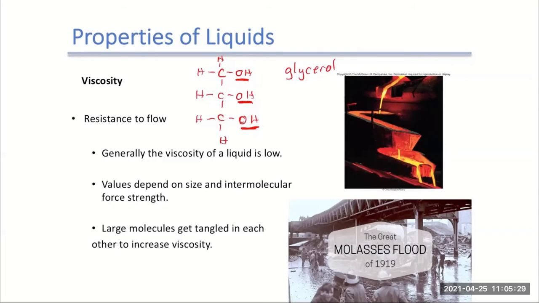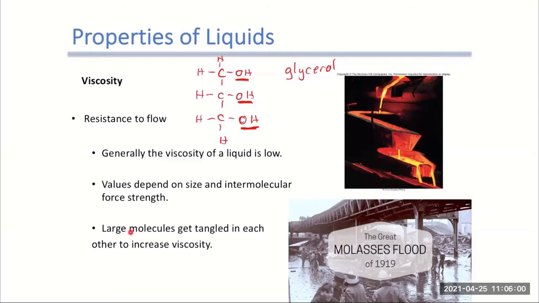Even something as large as molasses. So we all hopefully have heard of molasses, seen molasses. Molasses is a very thick liquid that we can buy to sweeten our foods. So molasses has a lot of sugar molecules. Sugar molecules are really large. Sugar molecules also have a lot of OHs present in them, which means we have a lot of hydrogen bonding per molecule.